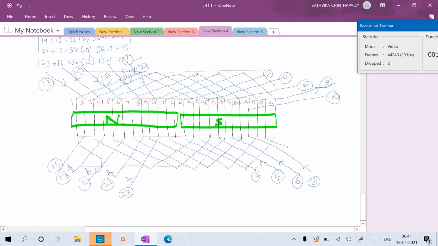Here. From the 10th conductor. And 23 is connected to the 10th conductor. Okay. So 10 is connected to the 23.